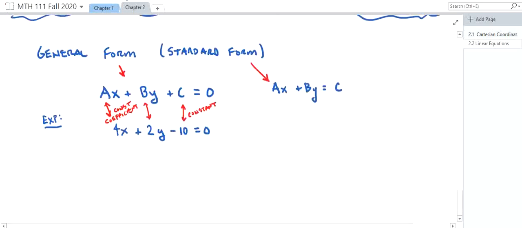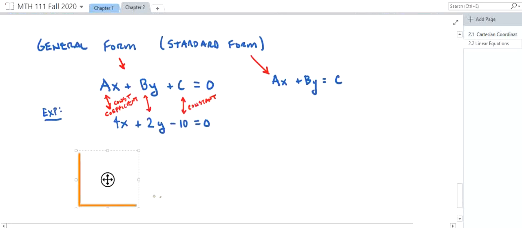But when you look at this relationship in the general form, it's hard to figure out how to plot this line. I mean, what's the slope? What's the y-intercept? Without a little bit of practice, you can't just pull that out directly like you can in the slope-intercept form.